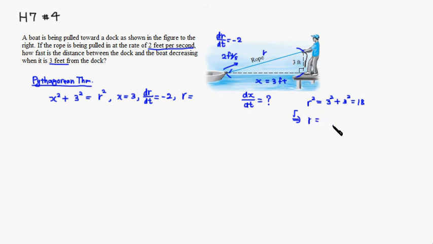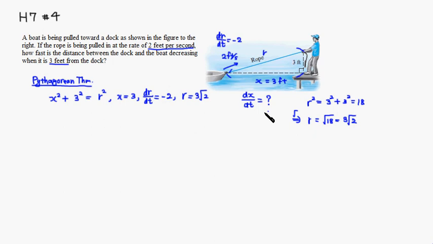We don't have to worry about the plus or minus because it's the length of the rope, which is always positive. The square root of 18 is the same thing as 3 times the square root of 2. So we have r equals 3 square root of 2.